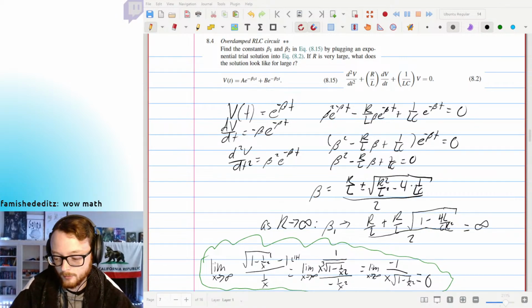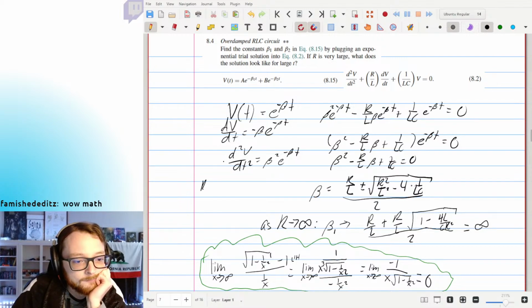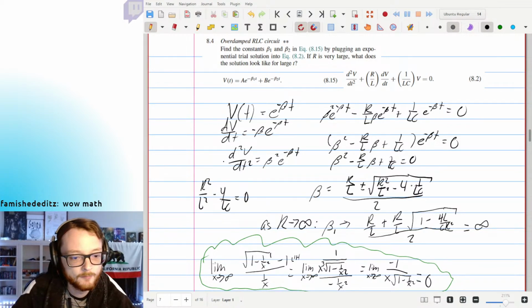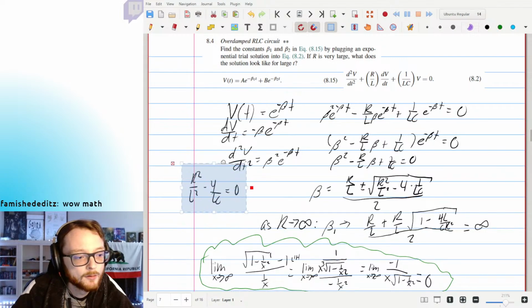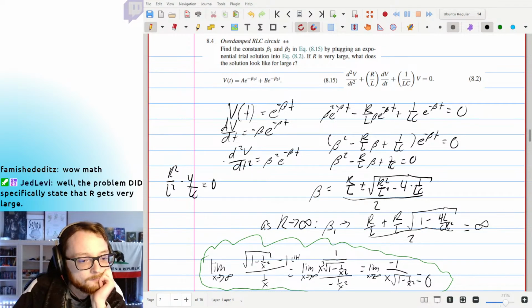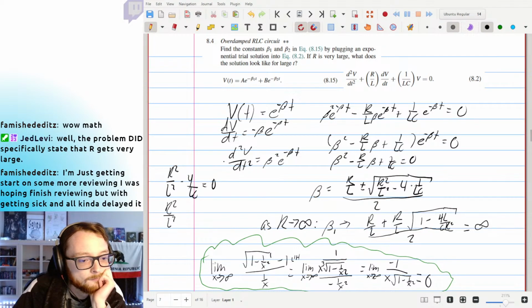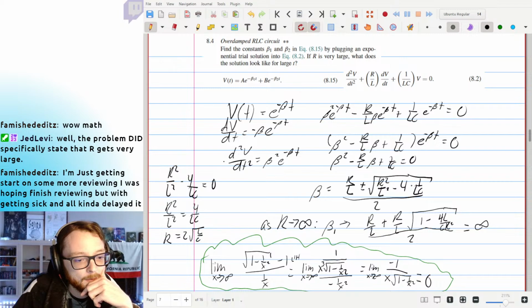So if we solve this equation for R, yeah, this is where it comes from. 2 root L over C. I made it equal to 0 for the critical damping case.